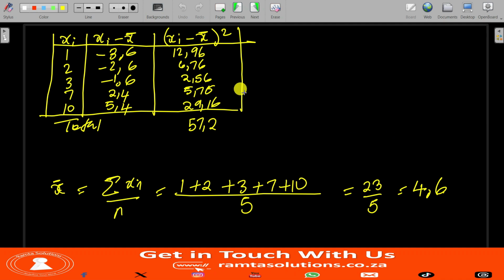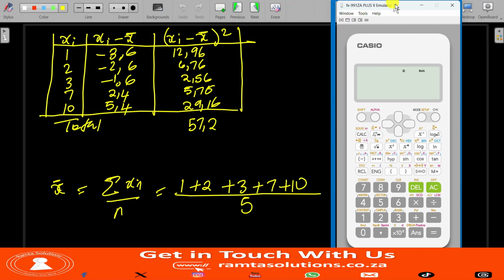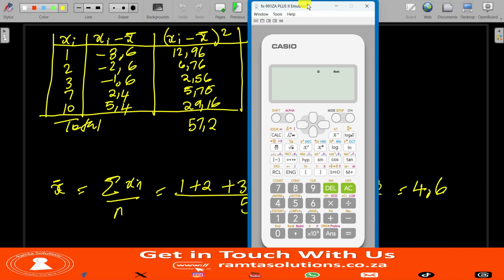Now let's confirm these results with our calculator. I'm going to use a Casio calculator. So here is our Casio calculator. To get to statistics, we will need to go to mode and then select stat, which is number 3.